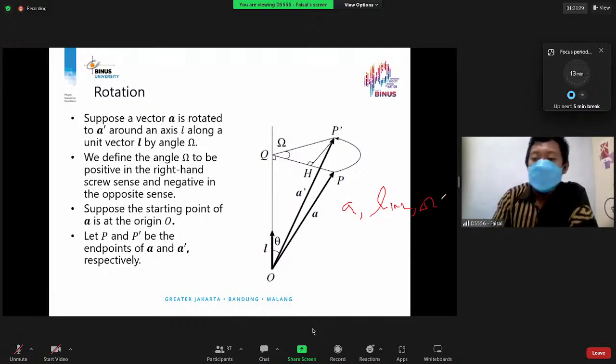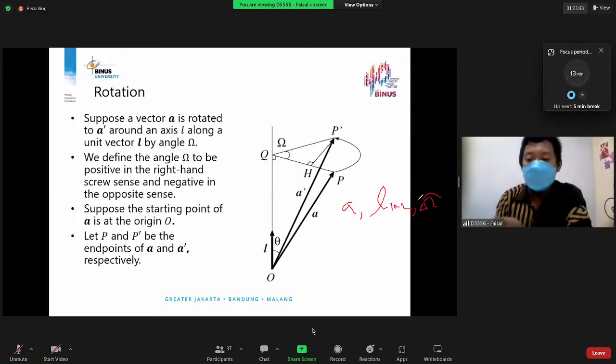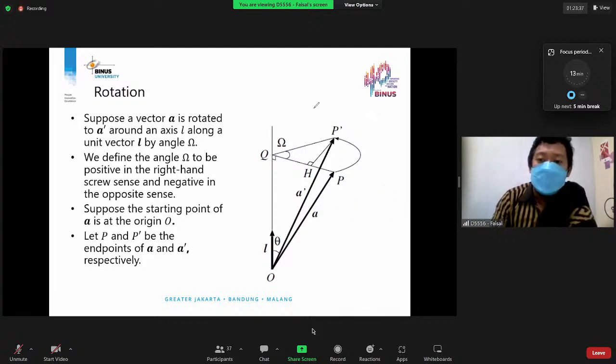And the angle, ya, berapa degree kita mau rotate. Jadi tiga itu. Nah, the result of the rotation is A prime. So A is rotated, and the result is A prime.